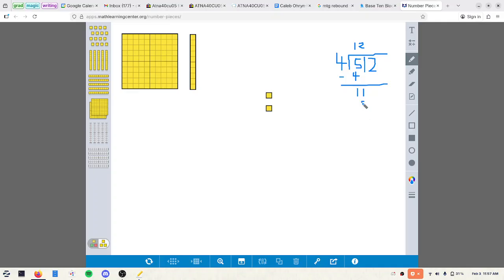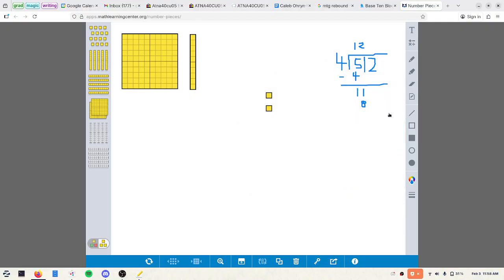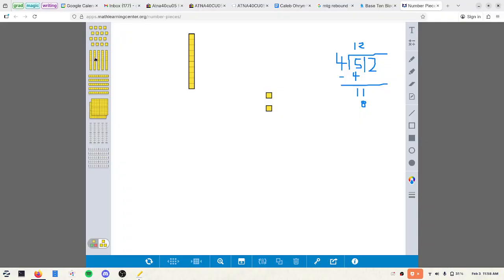Line up our numbers. There's a kind of a squished 8. And we can remove 8 from our tens over here. Now, I know that this 1 is not enough to remove, so I will quickly break apart our 100 into 10 tens.